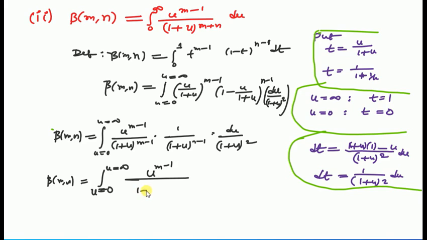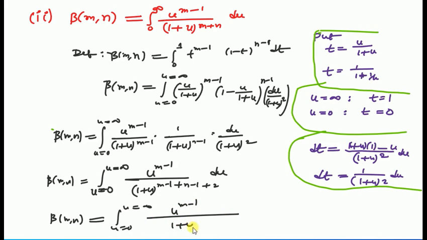So we can simply add the powers: m-1 plus n-1 plus 2. Of course, don't forget to write du. In the denominator, minus 1 minus 1 minus 2 plus 2 cancel. I have left Beta(m,n) equal to the integral from 0 to infinity of u^(m-1) divided by (1+u)^(m+n) du.